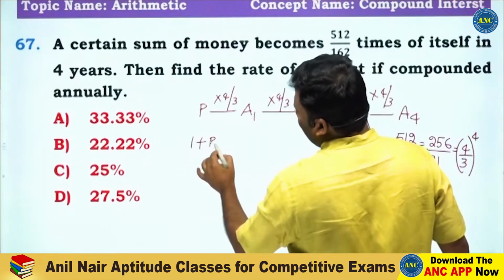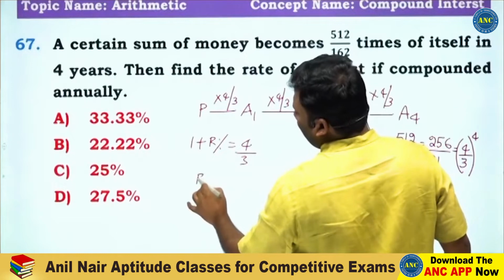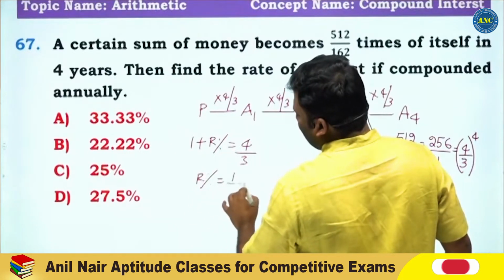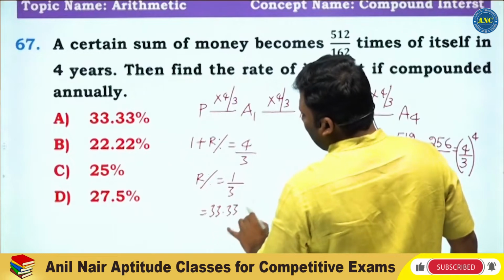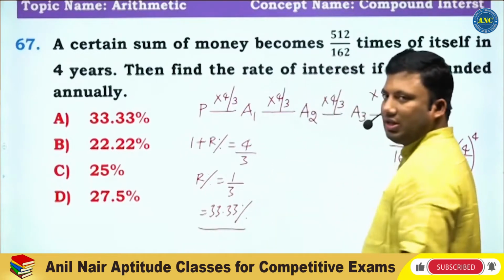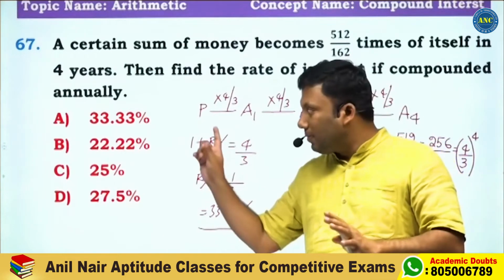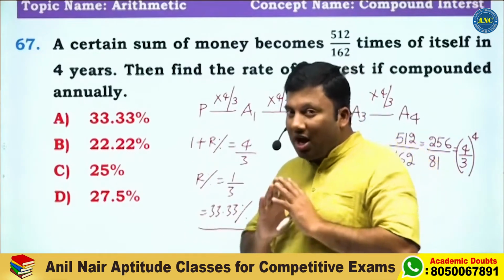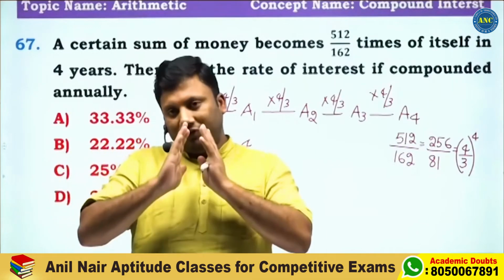Scaling factor is given by 1 plus R percentage, which is 4 by 3. So R percentage is 1 by 3. 1 by 3 value is 33.33%. Idea clear? Very easy way to solve the question.